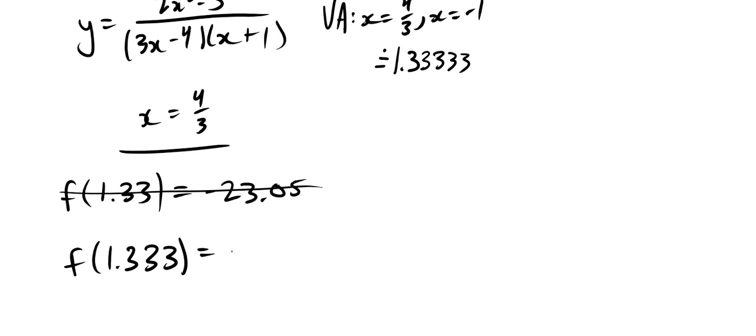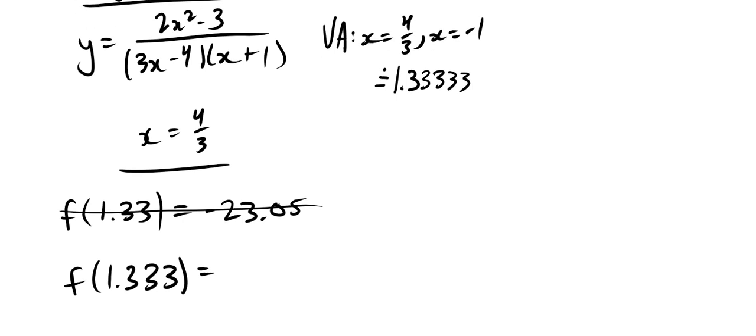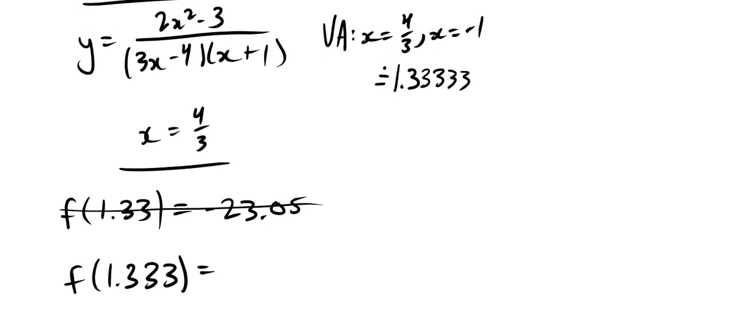And then what do I get? So I'll plug this in on the top, 2 times 1.333 squared minus 3, divided by, and you're going to notice that in some cases it's easier to use the factored form, in some cases it's easier to use the other one. In this case, because of the coefficients, it's kind of messy. So it's your call which one you think is better. Anyway, 3 times 1.333 minus 4, bracket, 3 times 1.333 plus 1.